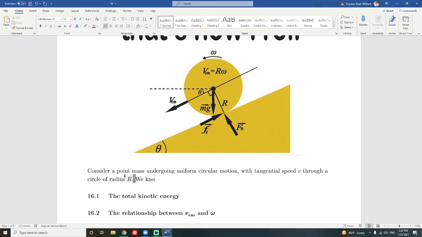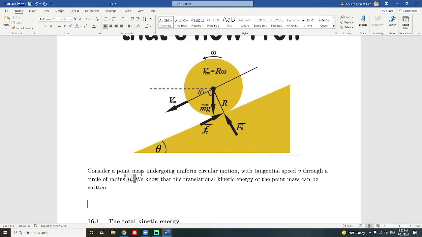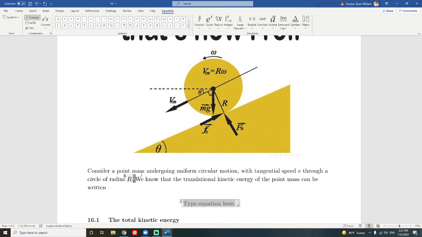So we know that the translational kinetic energy of the point mass can be written as K equals 1/2 mv squared.